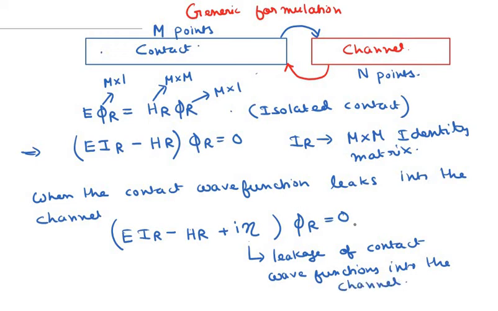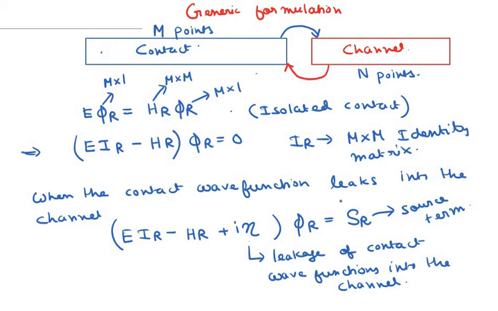Okay. Sorry, this is not equal to 0, but this is equal to some source term which we call S_R over here. Now this S_R is basically the source term. It basically indicates re-injection of electrons into the contact. Since this term represents leakage of the contact wave function into the channel, whatever wave function leaks inside the channel has to be replenished by some wave function that comes from outside, because otherwise the number of electrons inside the contact would decrease.